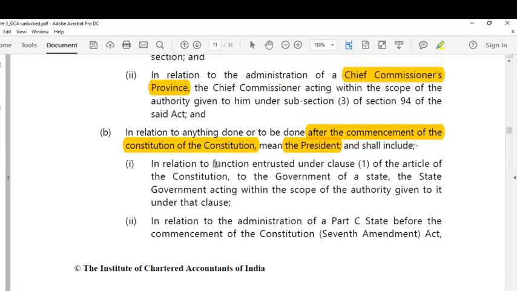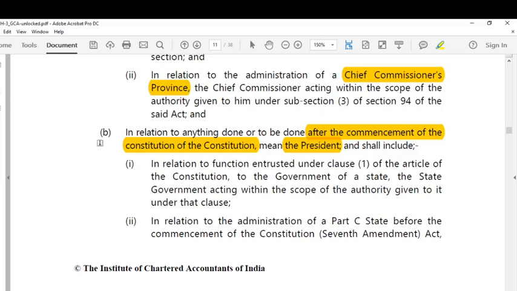So here, after commencement of the constitution means the president. It is the president who is considered to be the central government, because it is upon the assent given by the president. Only after the consent given by the president to the enactments made in the parliament, it will become an enactment and come into force.